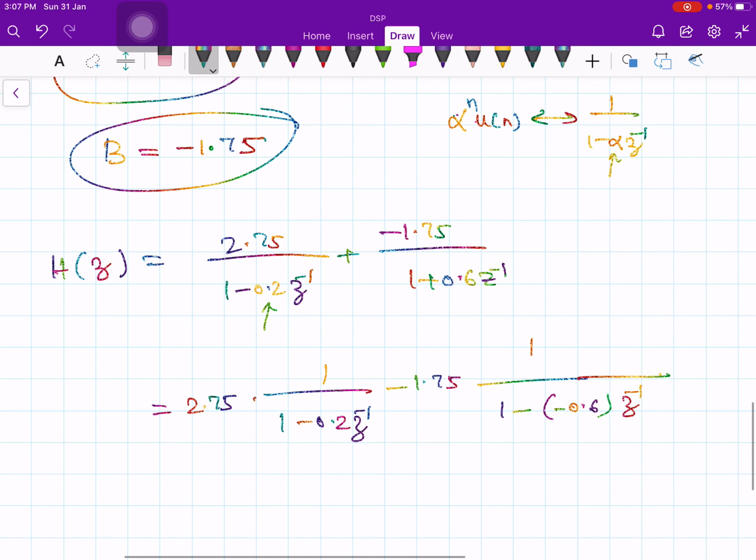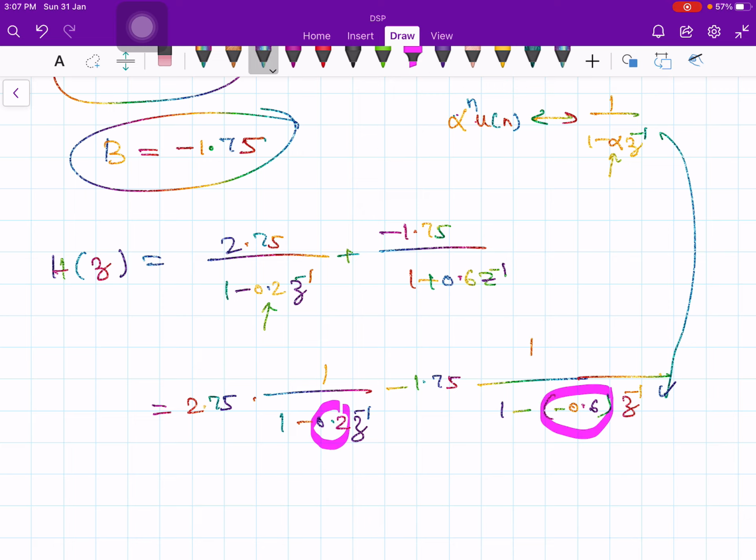Now you can compare the formula. Instead of alpha, I have 0.2 here, and here I have minus 0.6. Therefore, if you take the inverse Z transform, this is equal to 2.75 times 0.2 to the n u of n minus 1.75 times minus 0.6 to the n u of n.